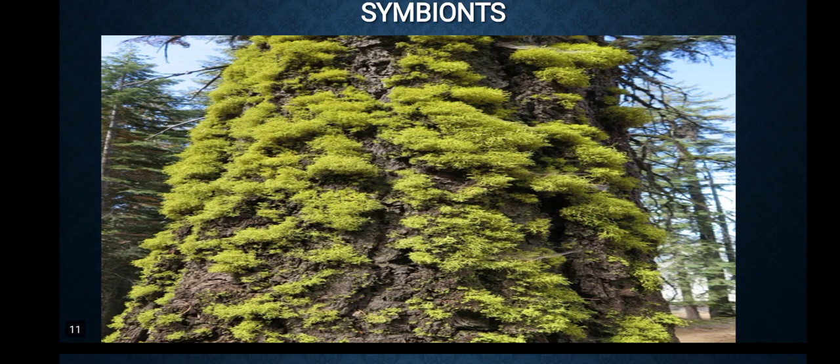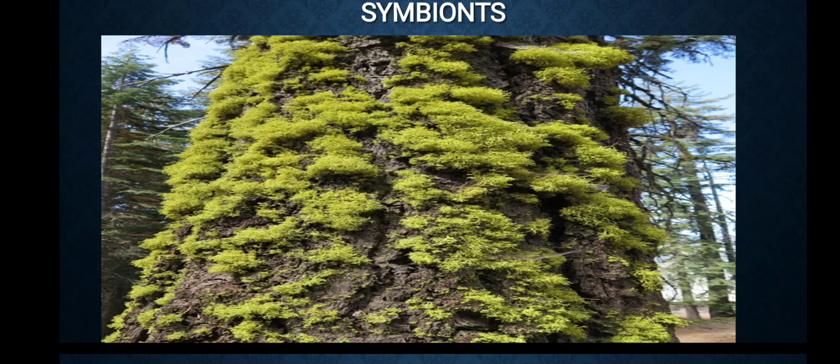Now look at the image carefully. Lichen is a combination of algae, which is an autotroph, and fungus, which is a saprophyte, which live together. Lichens are bluish green crust-like plants growing on rock or on the bark of a tree.